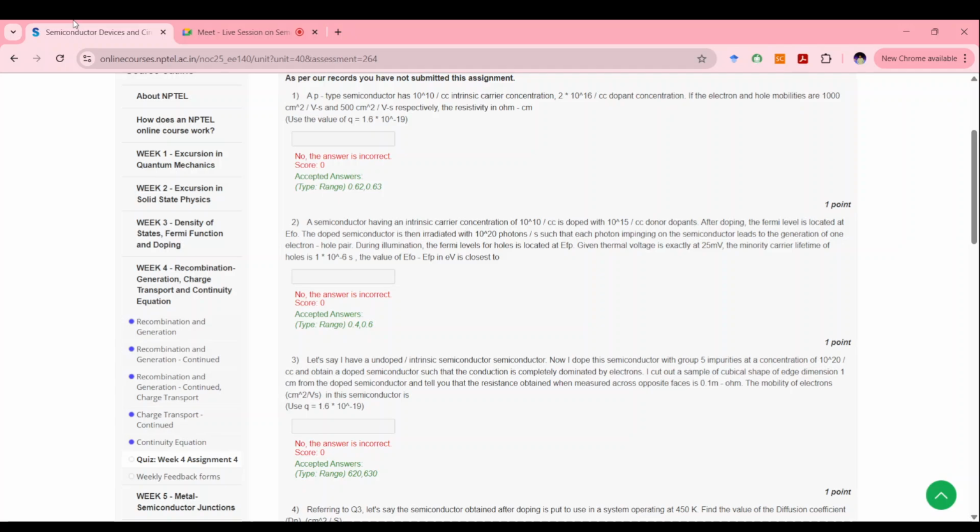Now the doped semiconductor is irradiated with 10 to the power 20 photons per second, such that each photon impinging on the semiconductor leads to the generation of one electron-hole pair. So it is not the amount of photons, but the amount of electrons and holes generated.